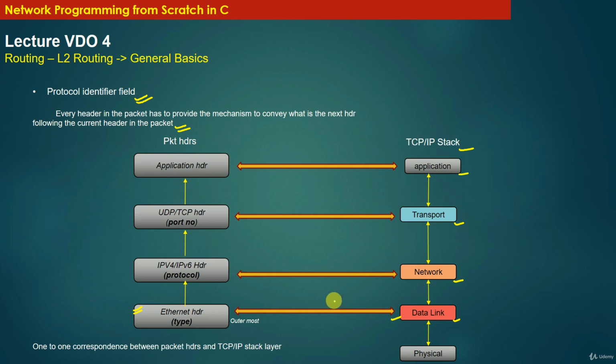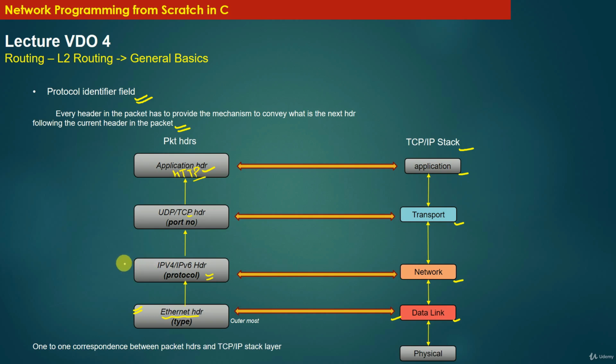For example, Ethernet is a data link layer protocol. Similarly, IPv4 and IPv6 are network layer protocols, and the most famous transport layer protocols are UDP and TCP. And for the application layer of the TCP/IP stack, you can have any application headers. For example, HTTP is an application layer protocol.